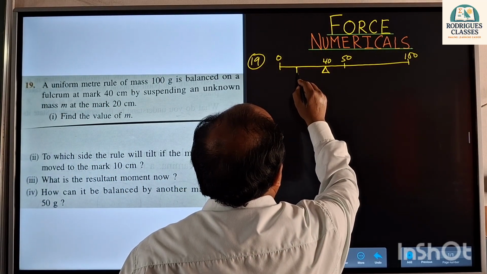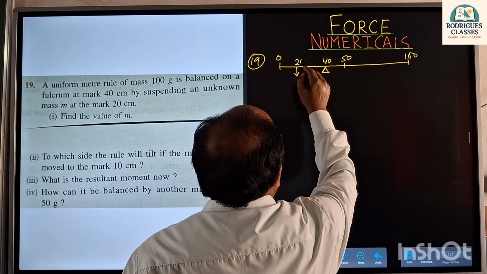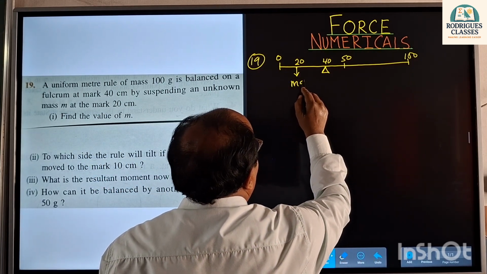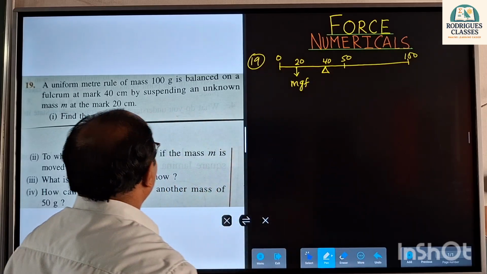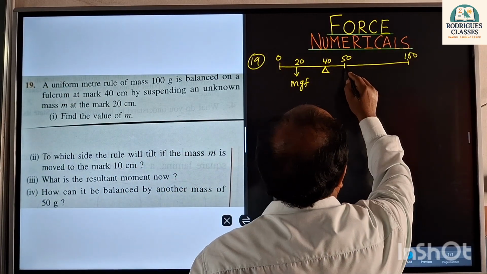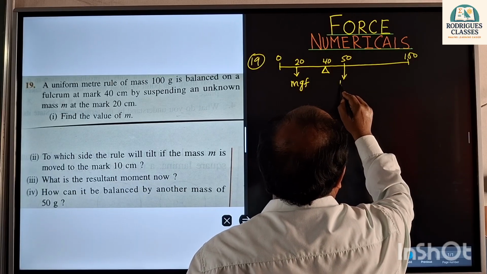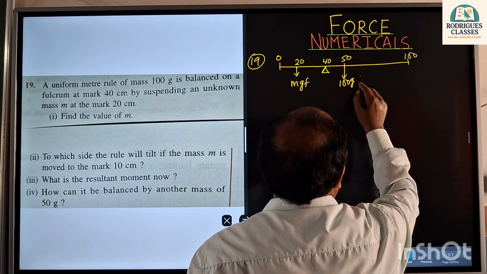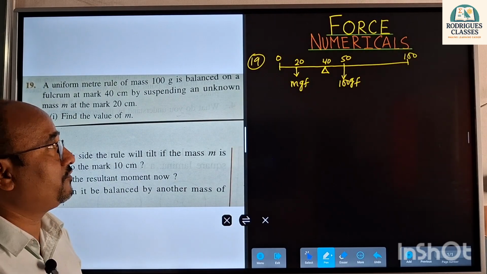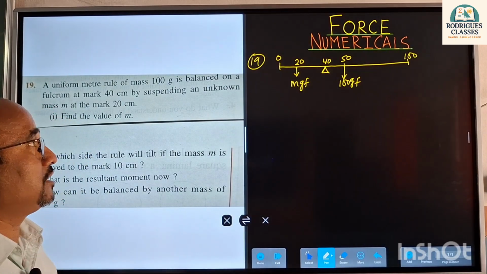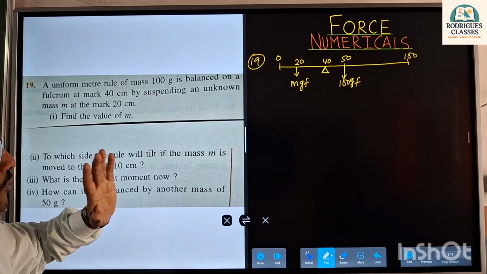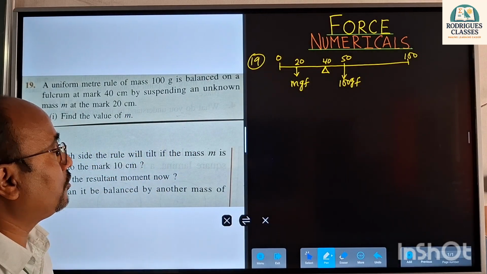So I am taking here the 20 centimeter mark, and this mass is m. So the weight will be m gf. 100 gram is the mass of the rule, so the weight of the rule, 100 gf, will be acting from the center of gravity, which in this case is 50 centimeter, because this is a meter rule. Now we have to find the value of m. So the diagram part is done here.